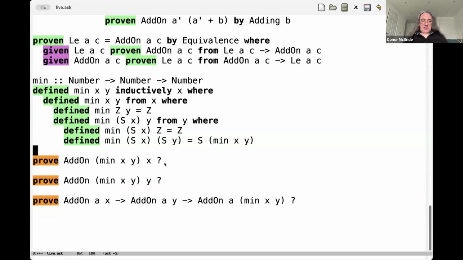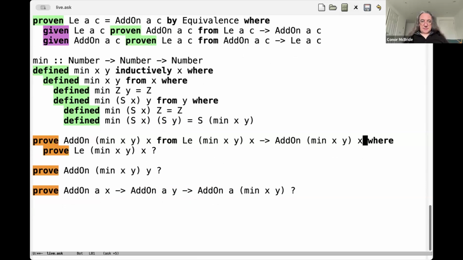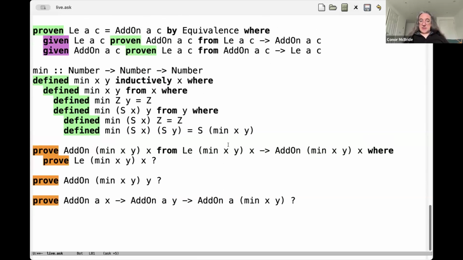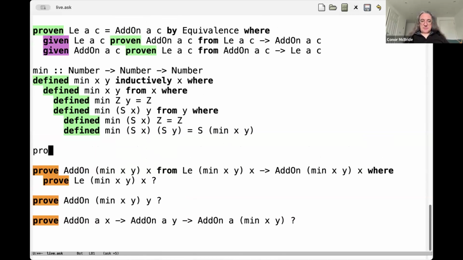So I can say from less than min x, y, x implies, so that's one way to do it. And then this is better going to be inductively x.